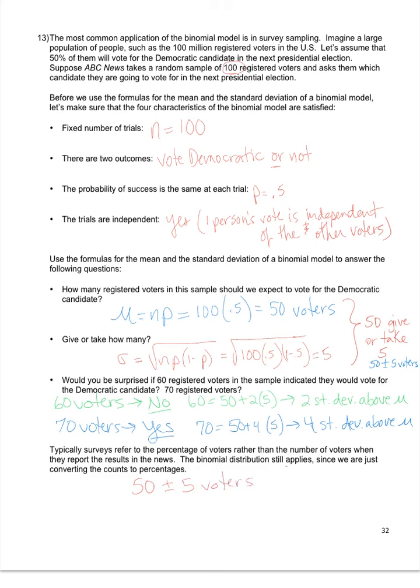And in the news, what we would find is that this would be converted to 50 out of the 100 people, or 50%, give or take 5 out of the 100 voters, which is 5%. Okay, so again, this is telling you number of voters, which is what our binomial model gives us. But typically we see it converted to percentage of voters.